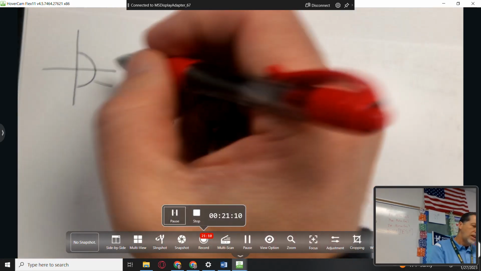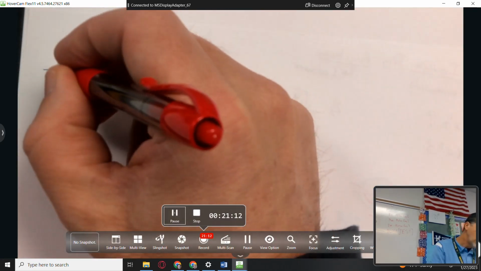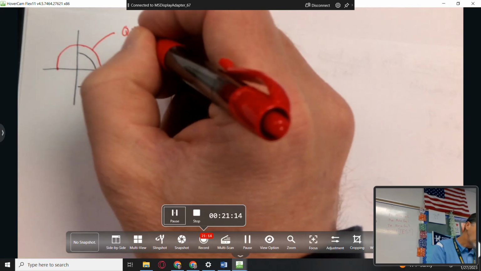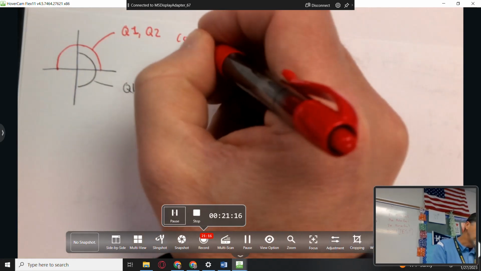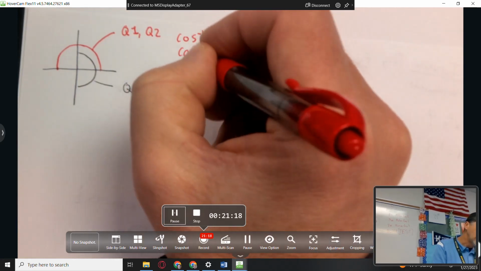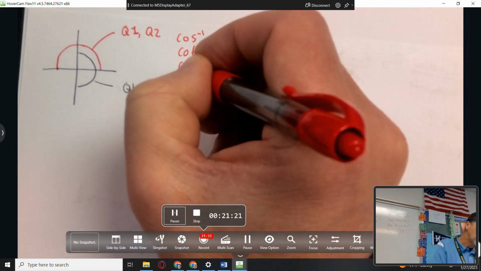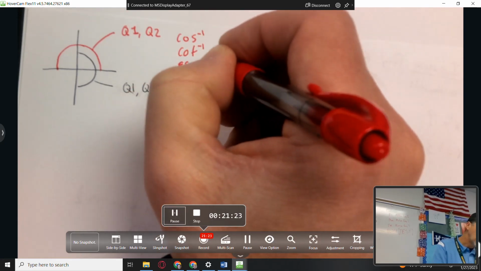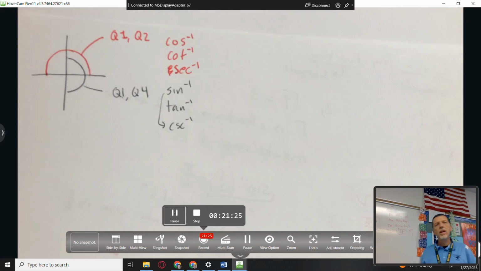And quadrant 1 and 2, we'll use that for inverse cosine and inverse cotangent and inverse secant. Yeah, if you need to memorize something, that's the picture that you memorize.